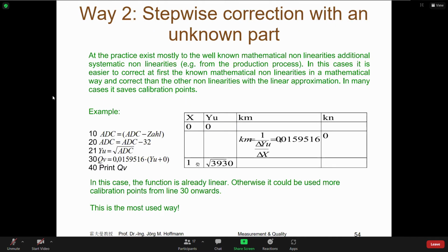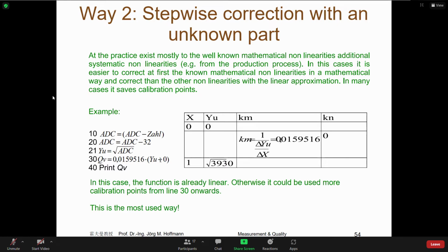And the root, because we have taken here the root, this number is a new value for y uncorrected. And this delta divided by this delta is m, and then we calculate the Km as 1 divided by m, and you have a new value for Km. Kn is 0, and you have here this point.